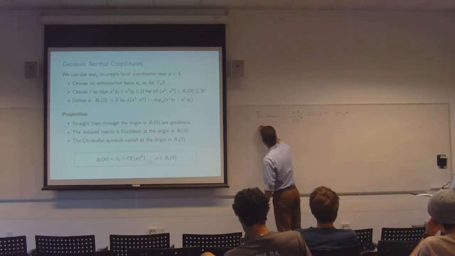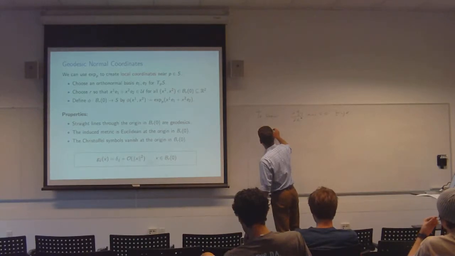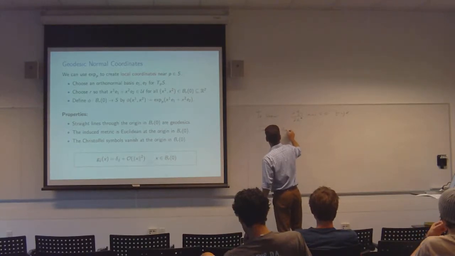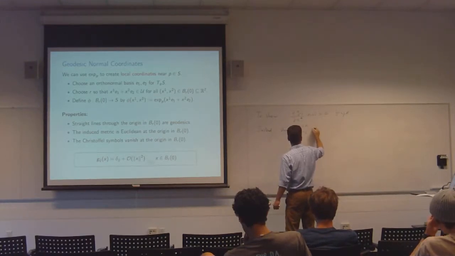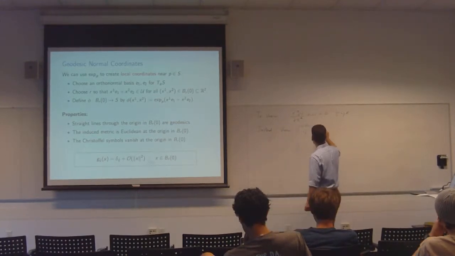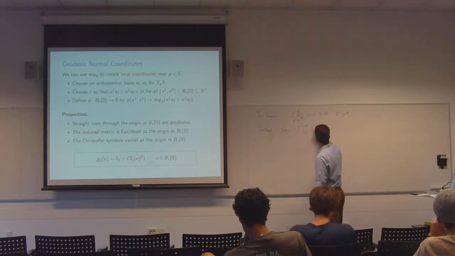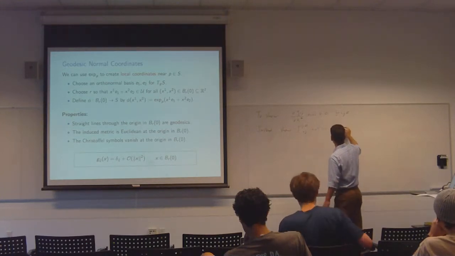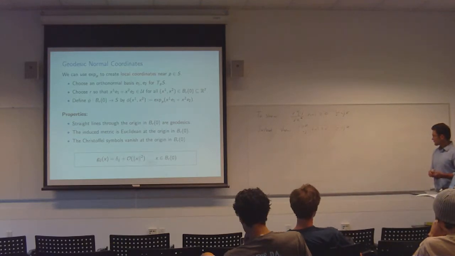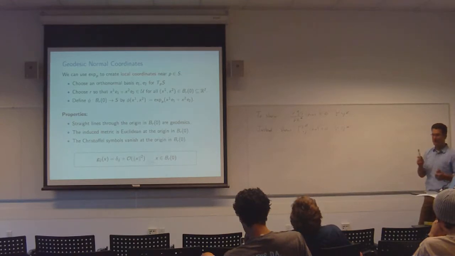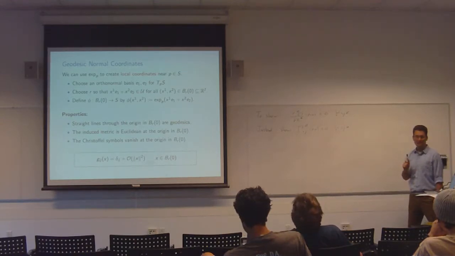Instead, I'm going to show that the gamma ijk's equal 0 at the origin. So again, at 0, 0 it equals 0 for all i, j, and k. And this is going to be good enough. Why is it good enough? Why is this what I need to do?